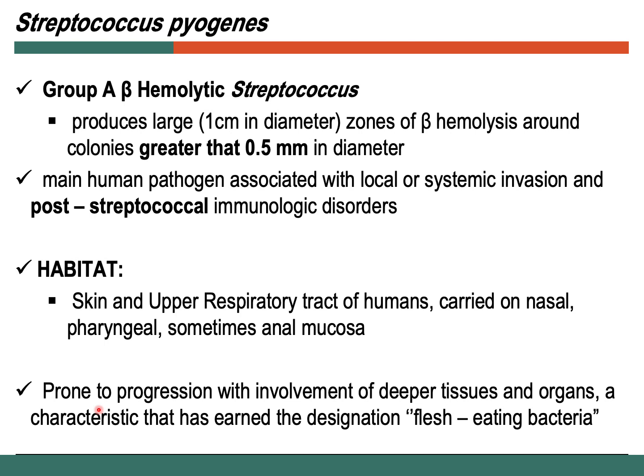Your Streptococcus pyogenes is prone to progression with involvement of deeper tissues and organs, a characteristic that has earned a designation of flesh-eating bacteria, or in some textbooks, fever-producing bacteria. Your Streptococcus pyogenes is also known as fever-producing bacteria because it possesses pyrogenic exotoxin.